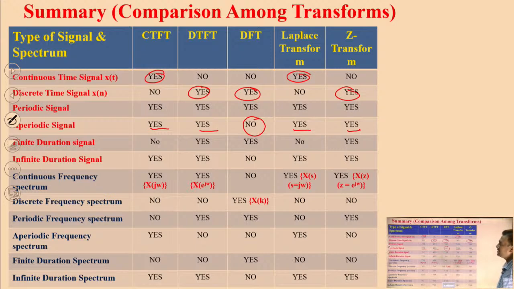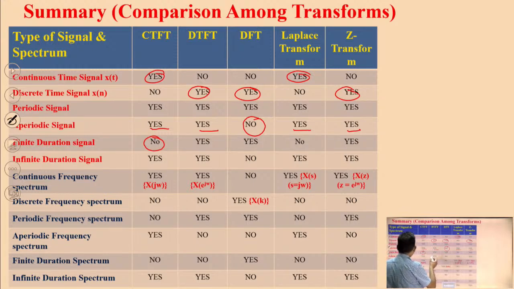And for the finite duration signal, in case of CTFT the signal should be infinite. If your signal is finite, then you can only do the CTFT when you extend that signal up to infinite extent, that's why I have written no. Otherwise you can say yes also when you extend your finite duration signal.